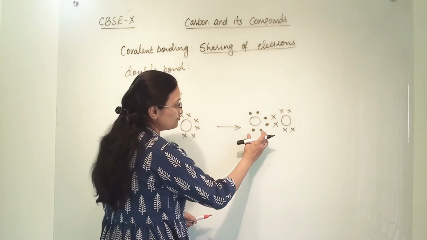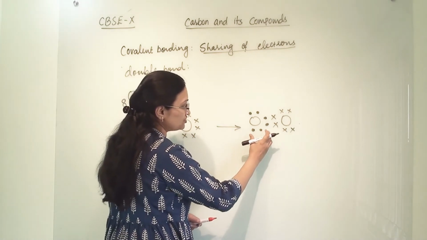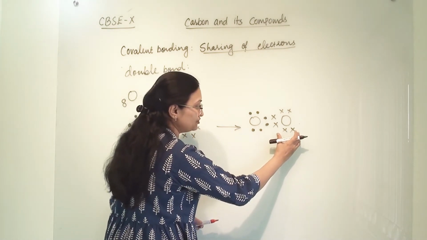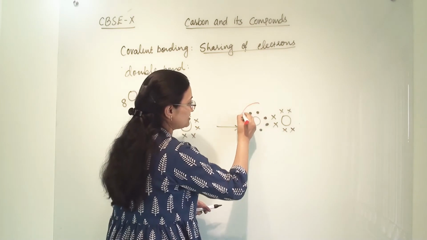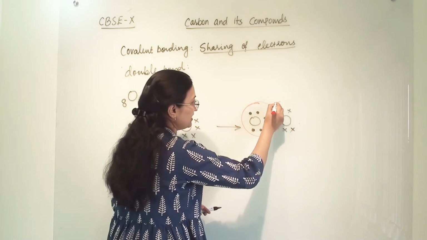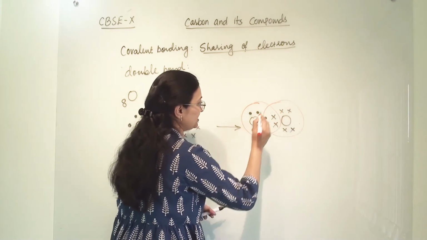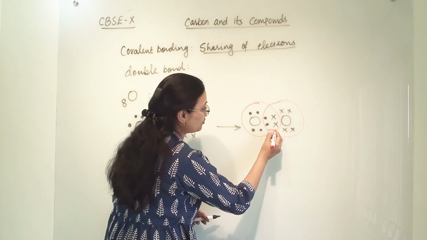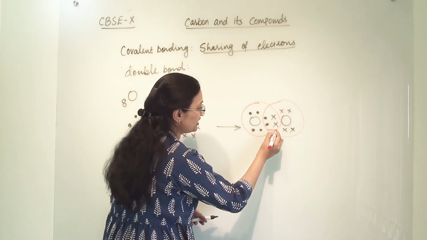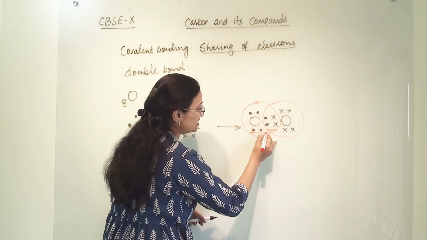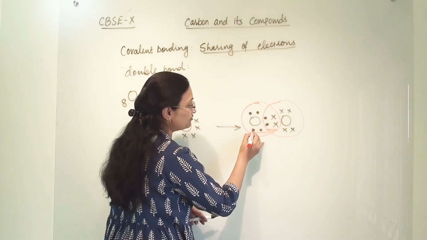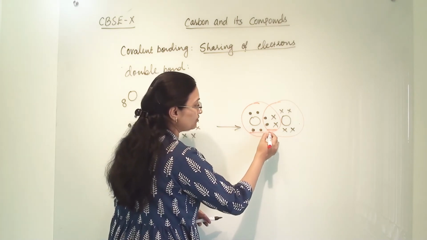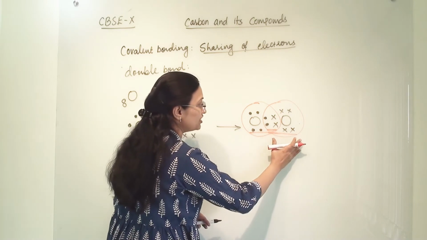So here I have shown 6 electrons of this oxygen and 6 electrons of this oxygen. Now let us make the circle and show how they are sharing. So here the 4 electrons they are sharing. So these 4 electrons will behave as if they are of this oxygen, and these 4 electrons will behave as if they are of this oxygen.